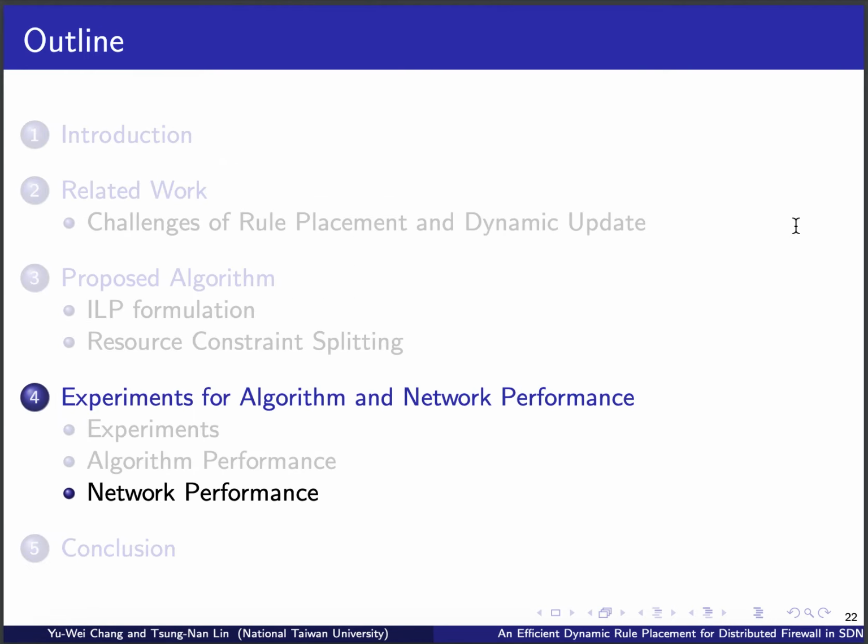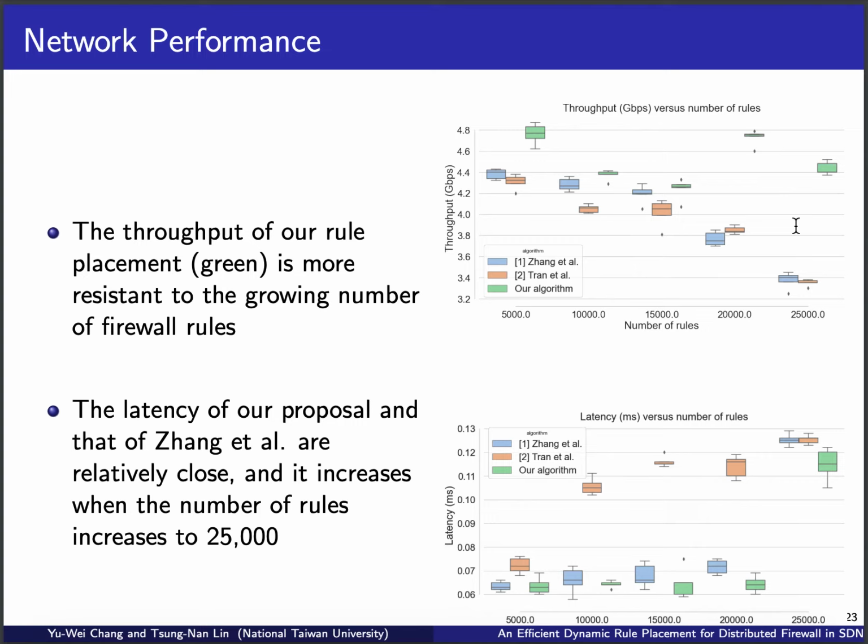Last but not least, I will show some of the network performance compared with these two previous works. We have compared two network performance metrics. First is throughput and the second is latency. We can see that the throughput inside our network topology after rule placement is more resistant to the growing number of firewall rules, which is green, shown in this figure.